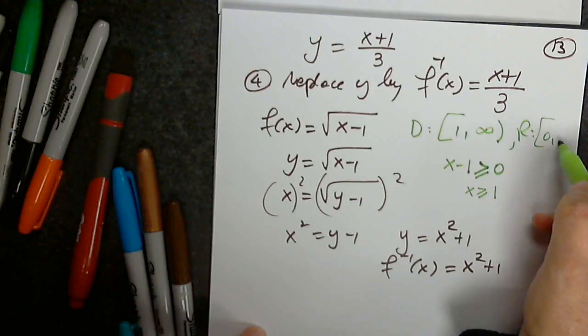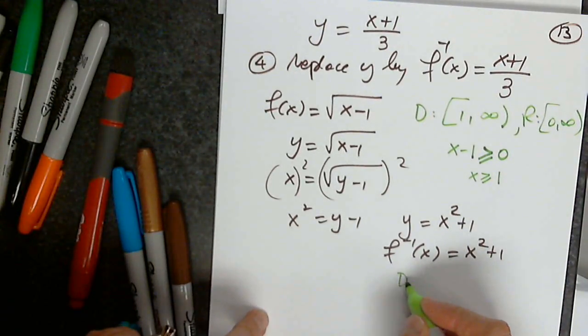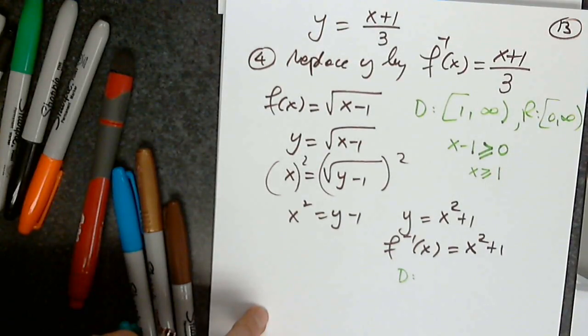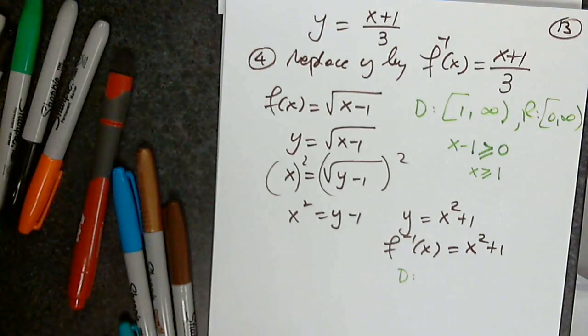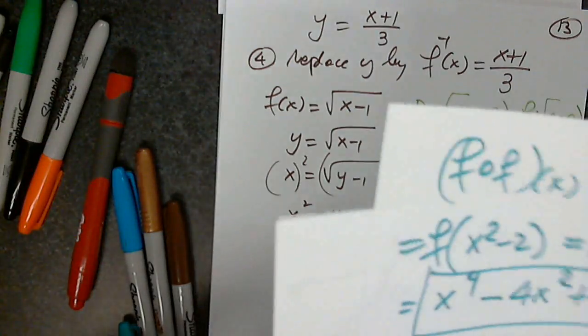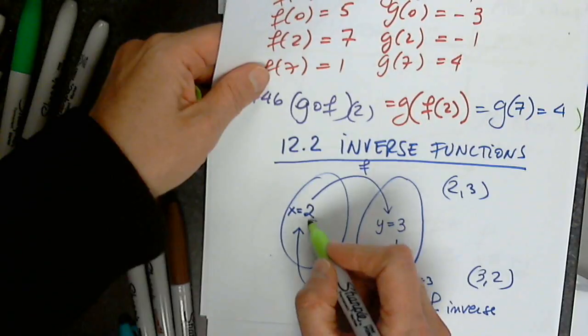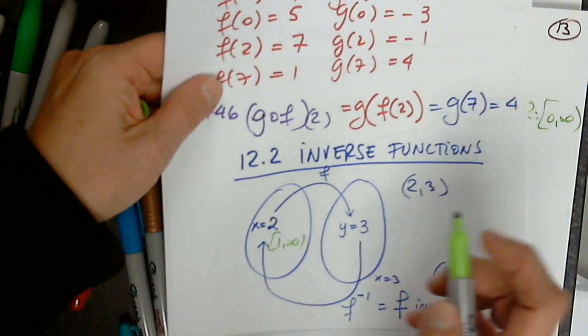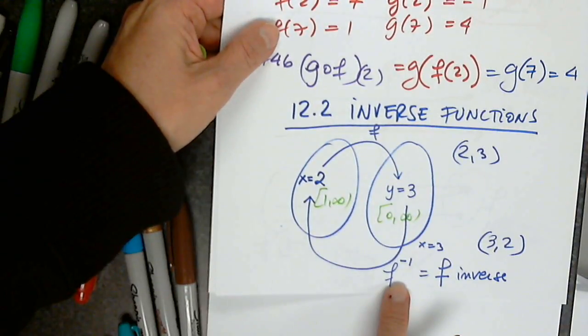0 to infinity. Very good. Perfect. What will be the domain of this function? It must be the range of the original one. Mandatory. Right? So remember this. If this is 1 to infinity and this is 0 to infinity, what is the domain of f inverse?